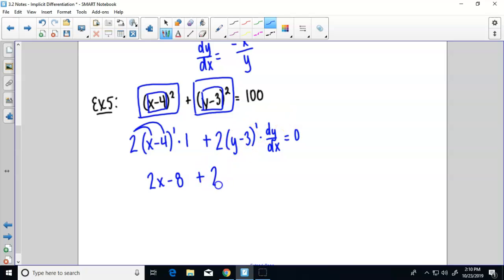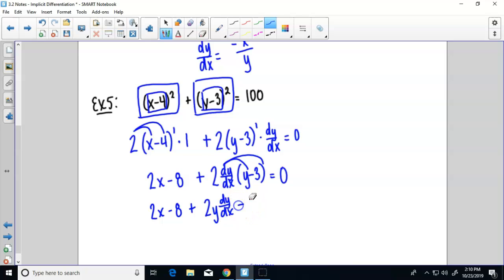So you might want to think of it like this: 2 dy dx times y minus 3. So when you distribute, you've got to distribute the 2 and the dy dx. And you can do that part in your head if you would like, but you'll get 2y dy dx minus 6 dy dx.